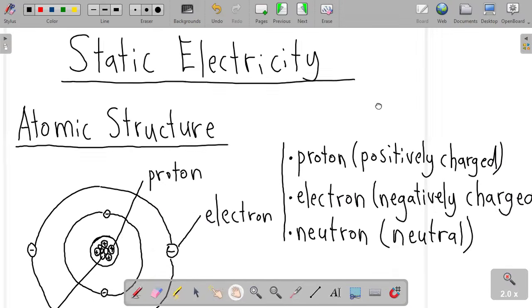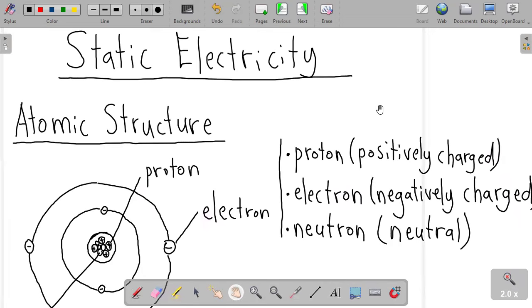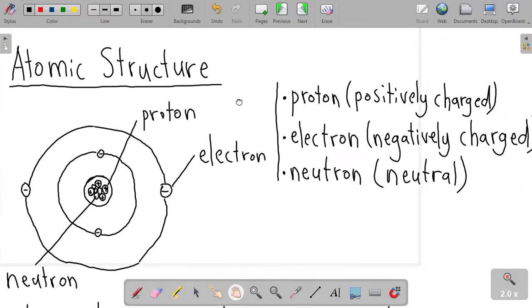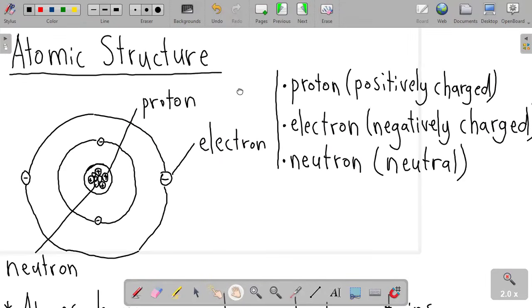The atomic structure here is going to help us. At the center of the atom, we have the nucleus, and it has 2 types of particles. It has protons, and it has neutrons.